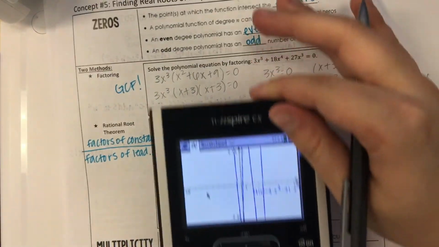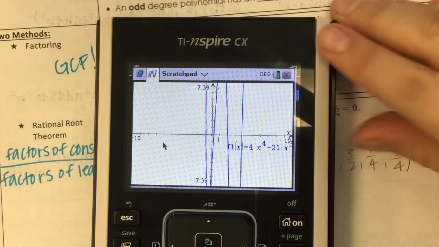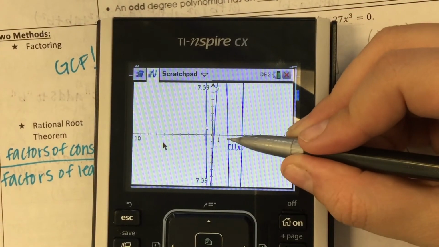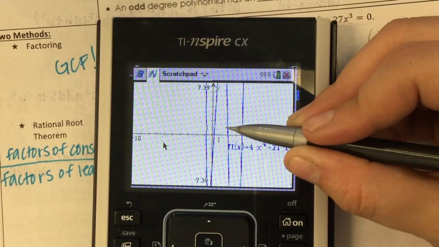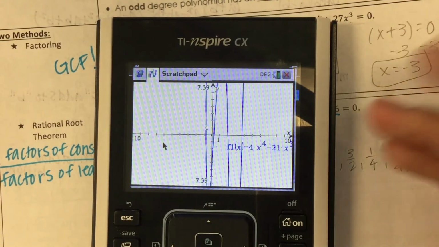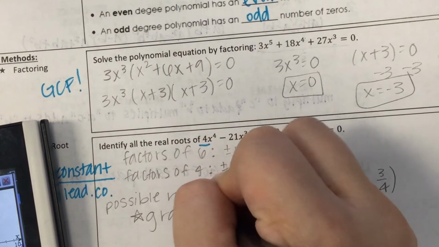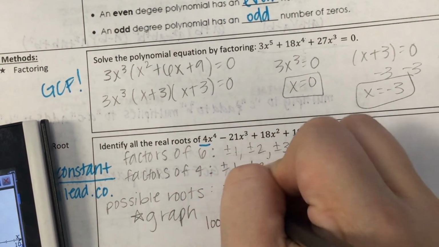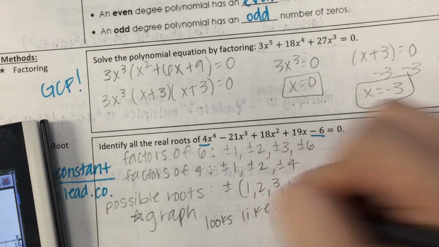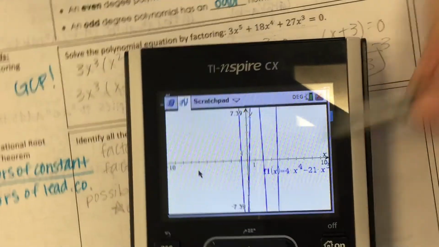So we can look at our graph and see that it looks like it crosses right at positive 2. So positive 2 looks like a good estimate. So we're going to write, it looks like 2. And then, is there a possible other one that we can look for?